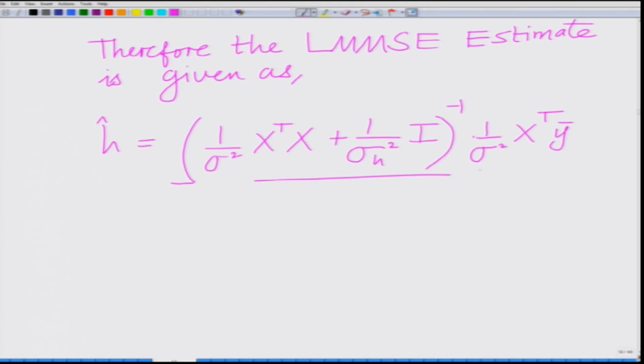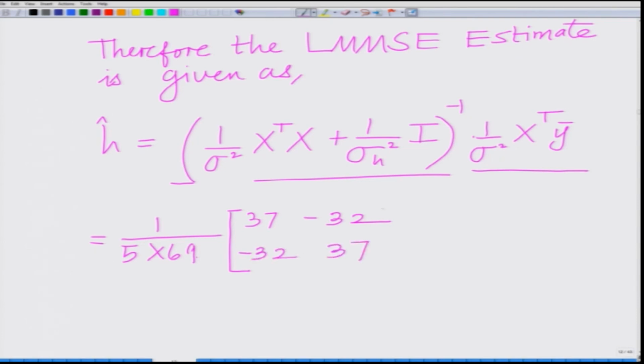We have computed both these quantities above. This will be basically 1 over 5 times 69 into 37 minus 32, comma 37, times this quantity, that is 1 over sigma square x transpose y, that is half of 25 23, a column vector.